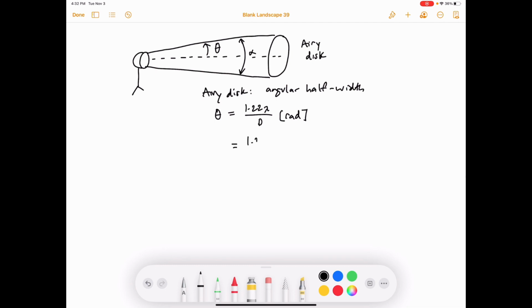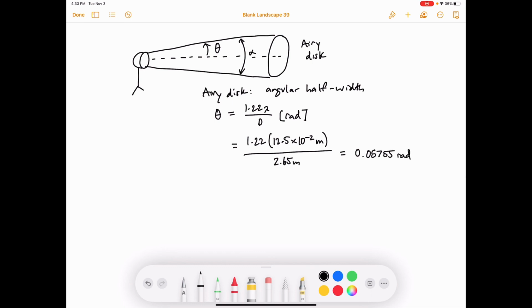So we have 1.22. Lambda is 12.5 centimeters, which is 12.5 times 10 to the minus 2 meters. Divide that by d. The diameter of the dish is 2.65 meters. Now, if you calculate that, it comes out to 0.05755 radians.